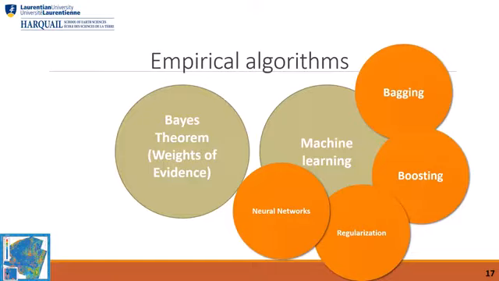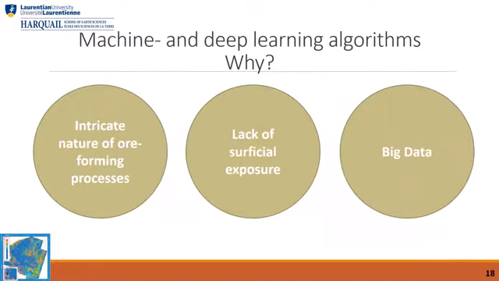We have simple regression techniques, such as support vector machines or support vector regression, and more complicated methods, such as regularized regression, boosting, bagging, and neural networks or deep learning. These methods are useful, but it is really important to be careful while applying them, because they have some limitations.